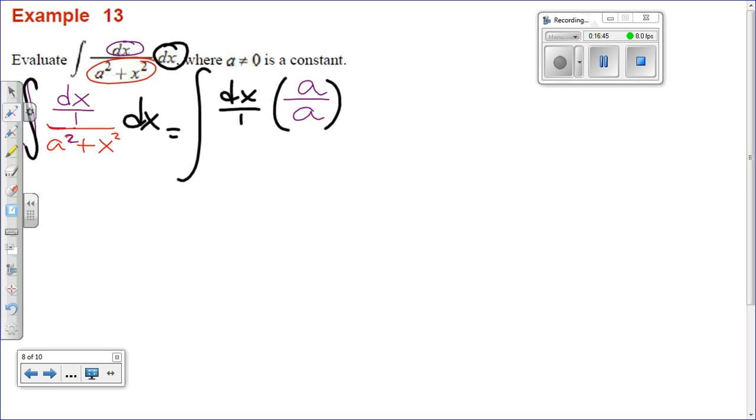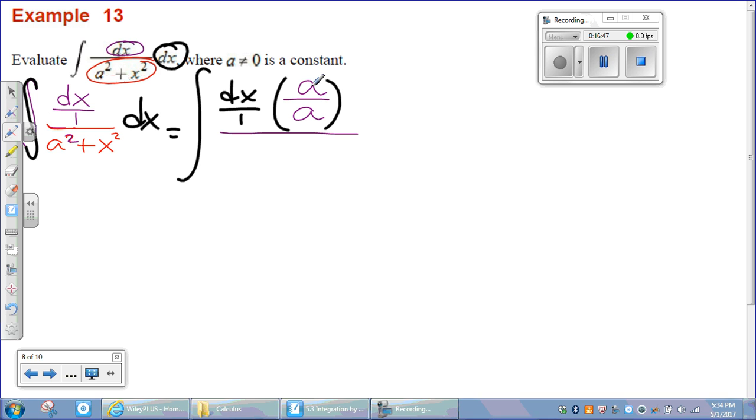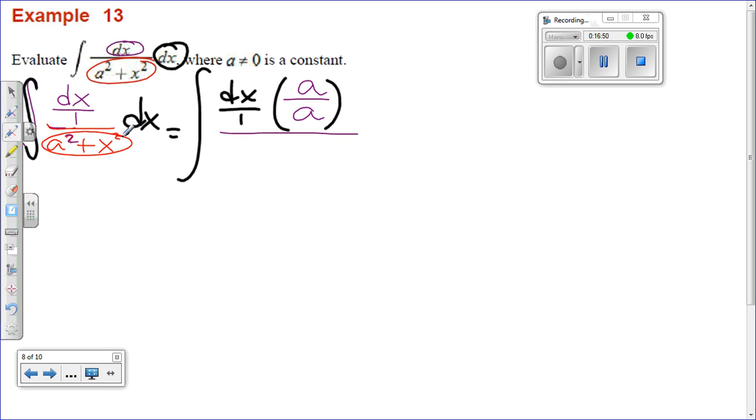Then, on the bottom, what I'm going to do is factor out a common term. And of course, they don't have any common terms, but we can make that happen. So if I say I'm going to factor out an a squared, if I take this one here, a squared, and I factor out an a squared, of course, it will be 1. So that goes here. Now, if I take this one here, x squared, and then I factor by a squared, factoring is like dividing.